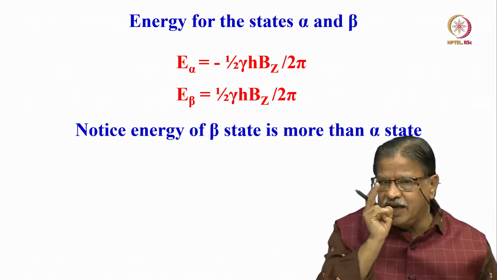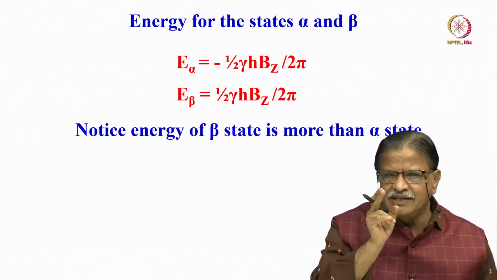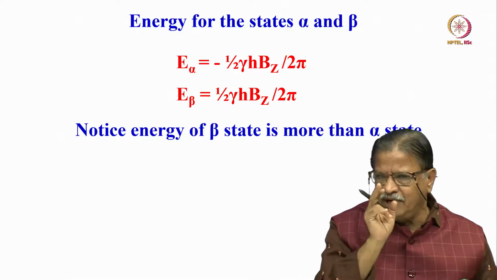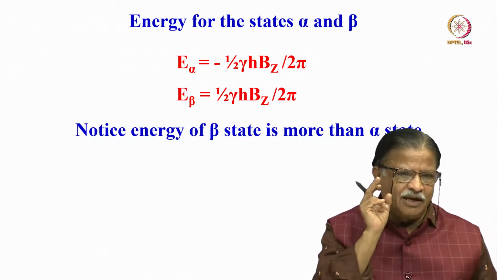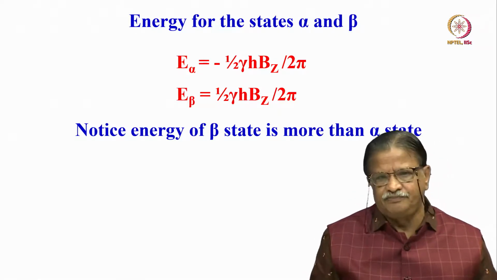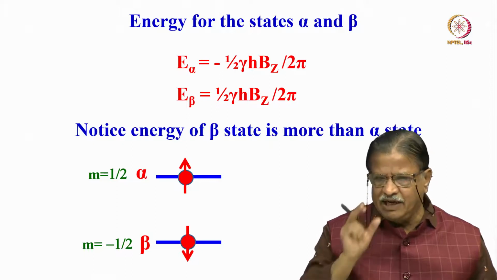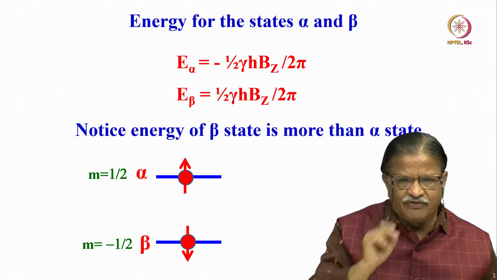Please remember the change here. Alpha is the plus half state, and because the energy has a minus sign, it is negative. Beta is the minus half state. Because it is minus into minus, mu dot B naught becomes positive. So, E beta is positive, E alpha is negative. Notice that because of that, the energy of the beta state is more than that of the alpha state.